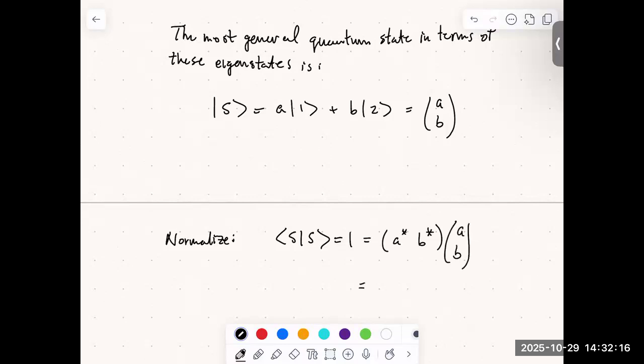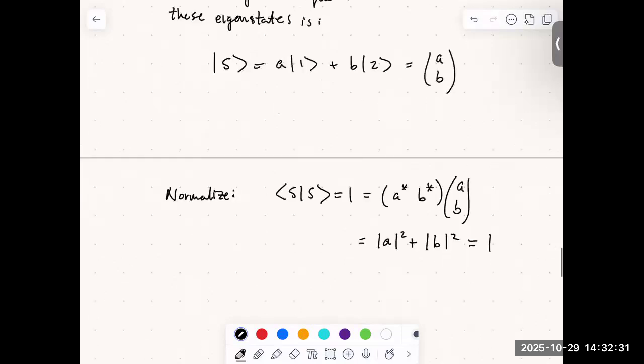And if we multiply this out, it's A star times A, which is the absolute square of A. And B star times B is the absolute square of B. And so we need this to be equal to 1 for normalization.